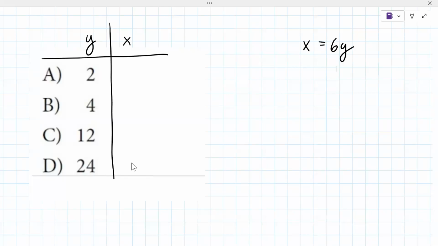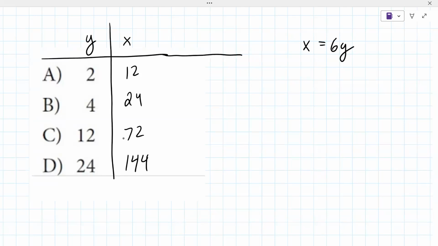But give me those x values, please. 12, 24, 48. Try again. You are allowed to use a calculator, please. 72 and 144. Okay.